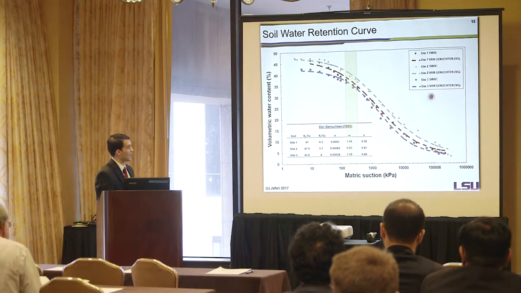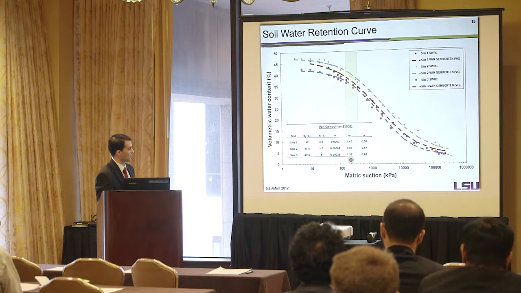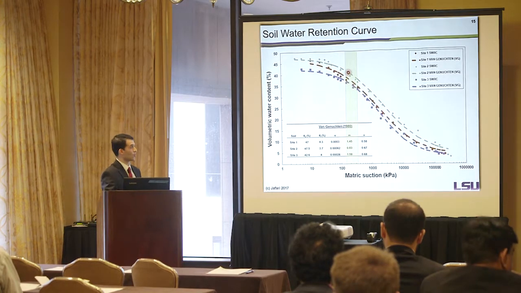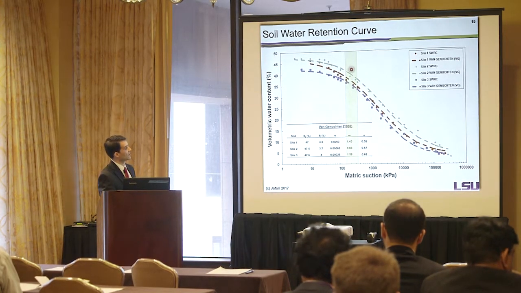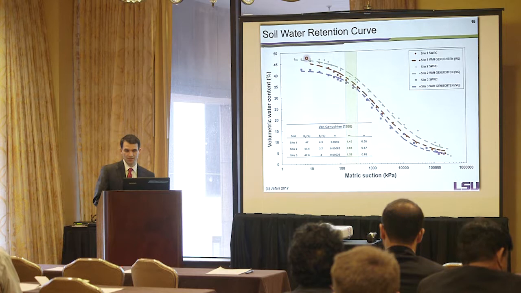So that would represent how steep this portion of the curve actually is. Alpha represents the air entry value, and that's essentially when air bubbles start to form or occur in the soil matrix. And so conditions to the left of the air entry value represent the soil still acting under saturated conditions.